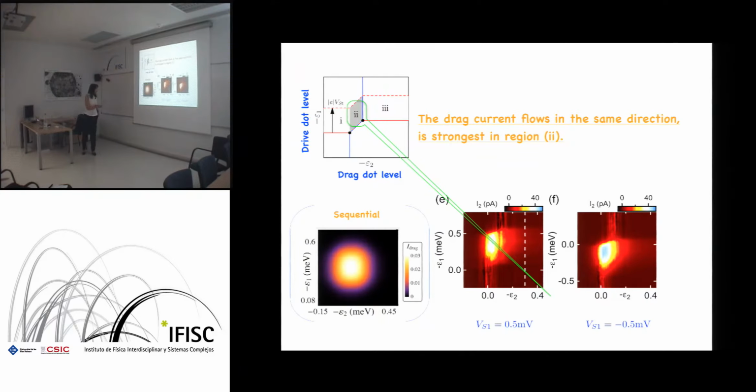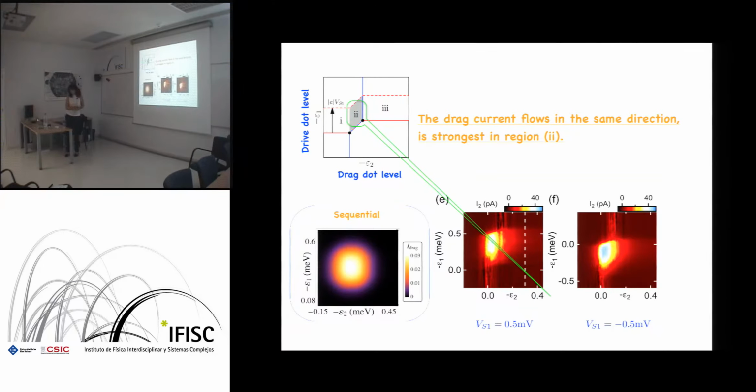Okay? So they measure this drag current by also changing the sign of the bias of the drive system, and they see that the drag current still has the same sign. Okay. So this is one of the first experimental facts.